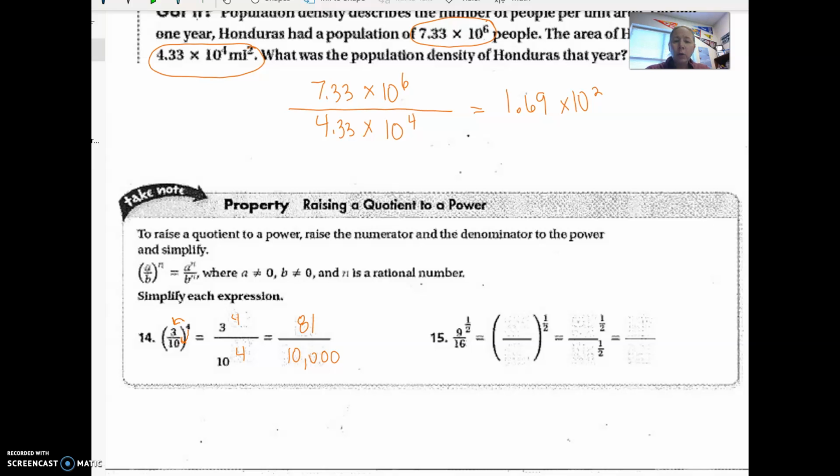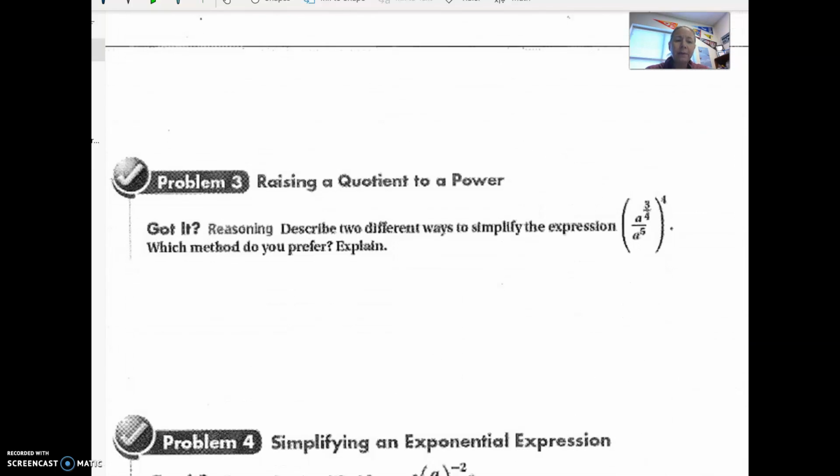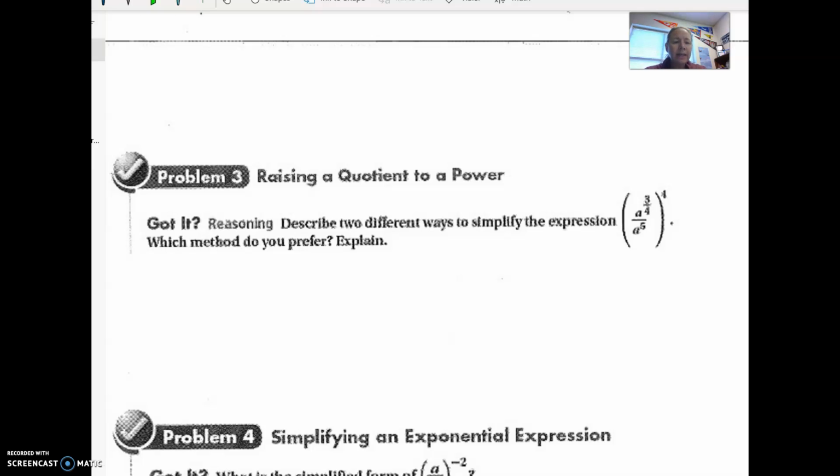Okay, we're going to move on here and look at example 3. So here we're raising this quotient to the power of 4. That means we're going to multiply it to the numerator and to the denominator. We have to multiply those. So 3/4 times 4, that would give us 12/4, which is 3.